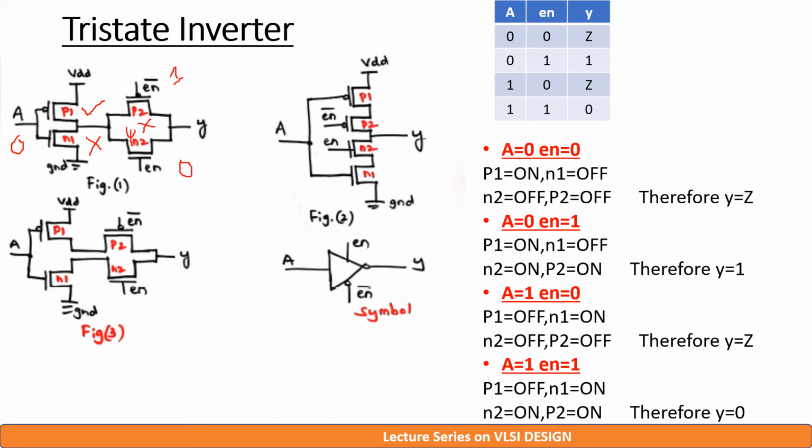Therefore, Y is never offered a closed path towards VDD, neither ground, hence Y will be high impedance. So the first combination is analyzed.